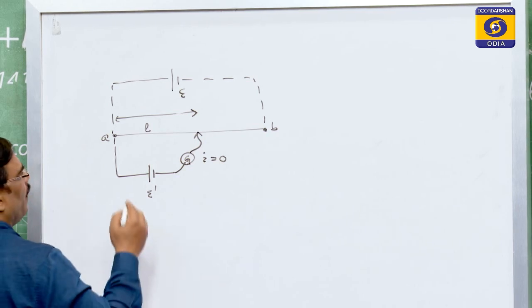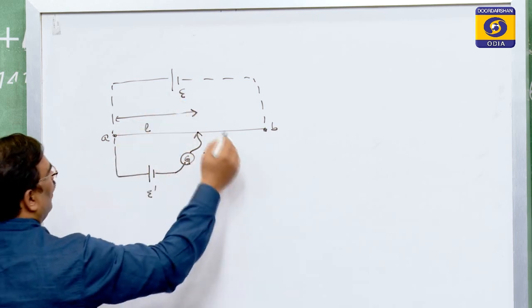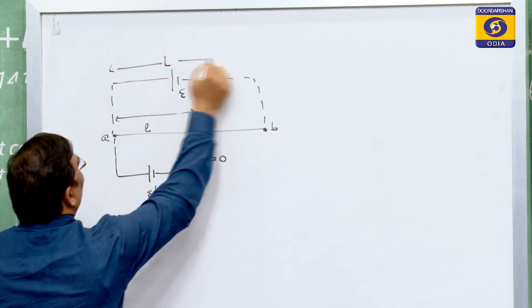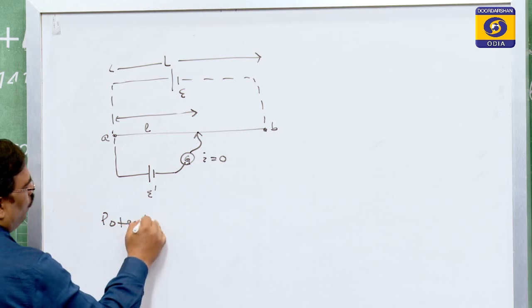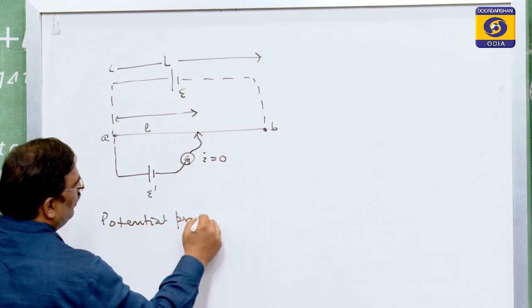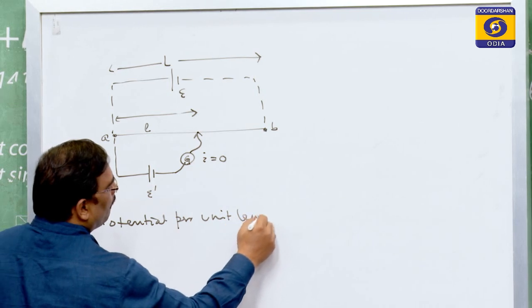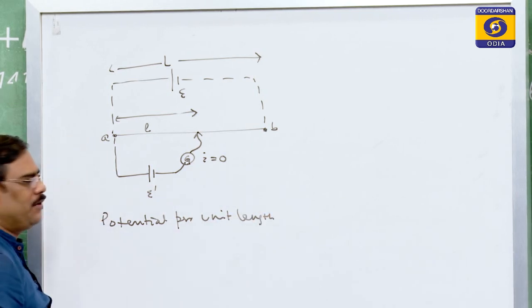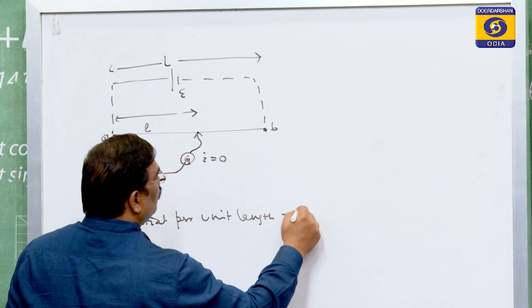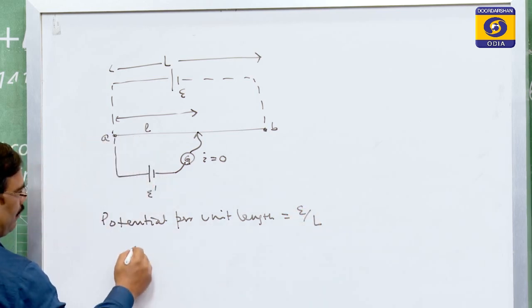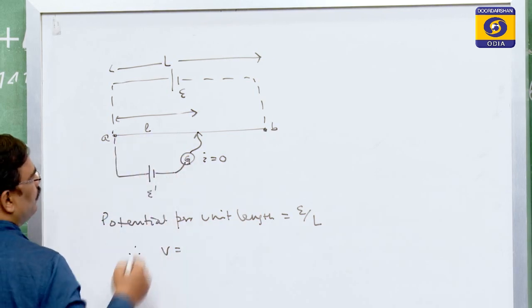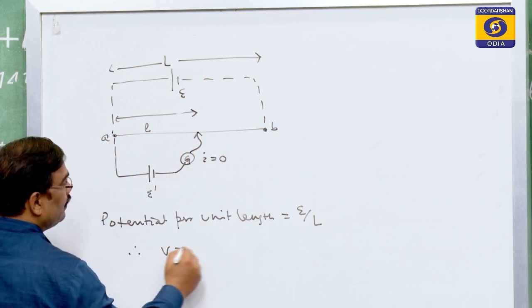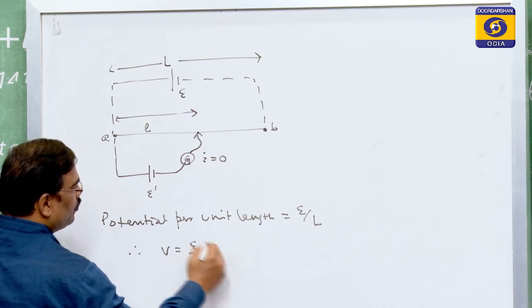So, therefore, if this is my E and capital L is the length of the potentiometer wire, then potential per unit length, or we can say the specific potential, is equal to E by L. So, therefore, V, the voltage across this small length l, is E by L into small l.